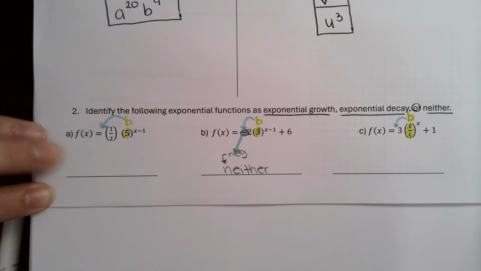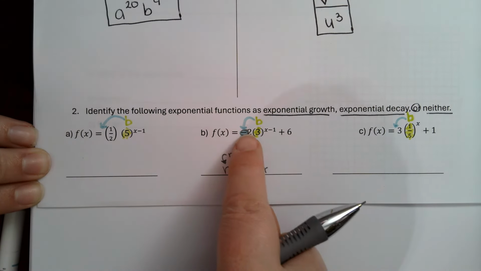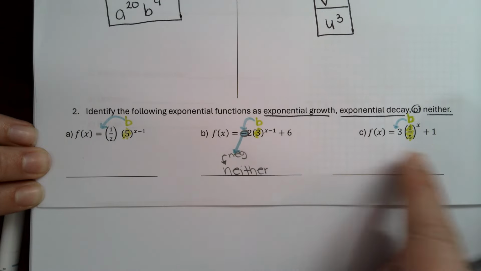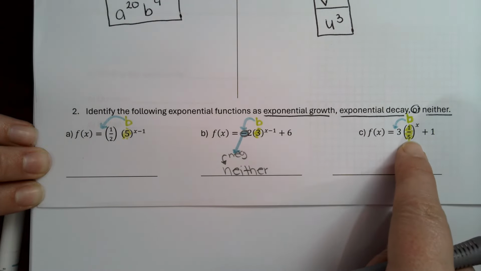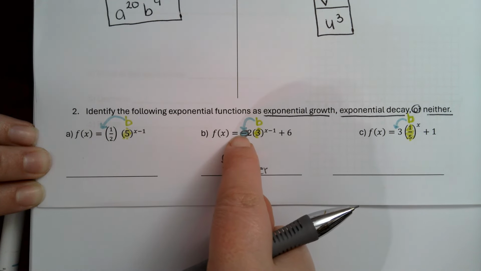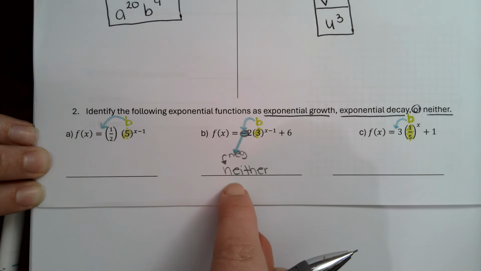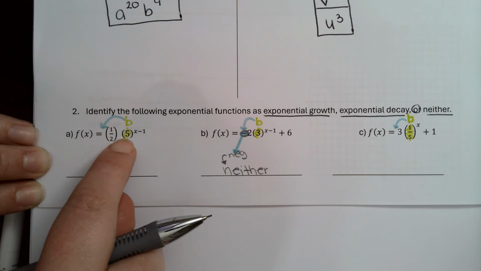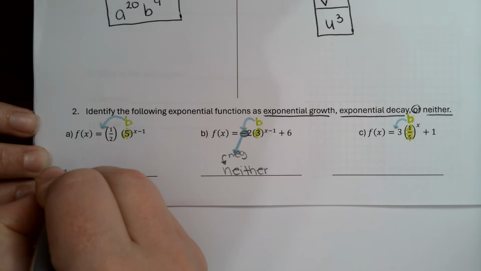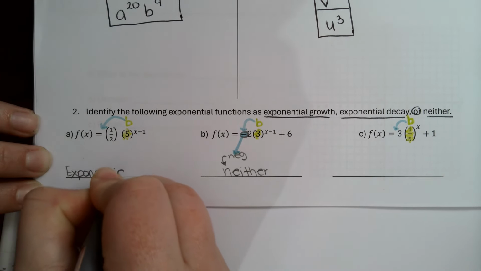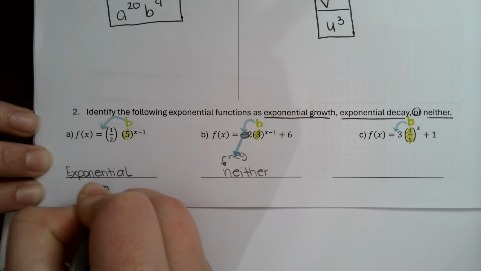And that's because of this negative. If it is not negative in the front, no reflection across the x-axis occurred. So then we only look at the B values. Okay, B looks at the positive or negative. If it is negative, the answer is neither. If your B value, look at what we have, 5, is greater than 1, it is exponential growth.